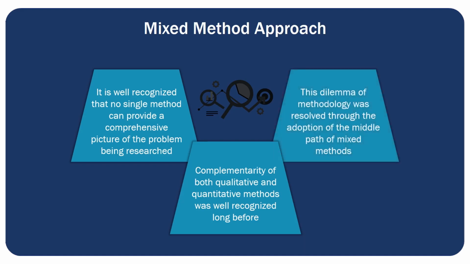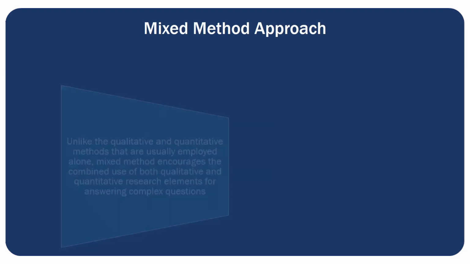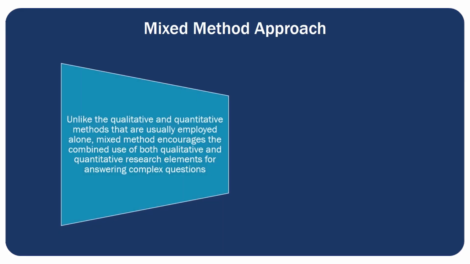So the dilemma of methodology, whether to choose qualitative or quantitative, is resolved by adopting a middle path approach, what we call mixed methods. Unlike the qualitative and quantitative methods, mixed methods encourage combined use of both qualitative and quantitative research elements.